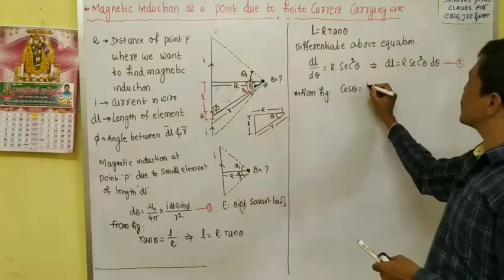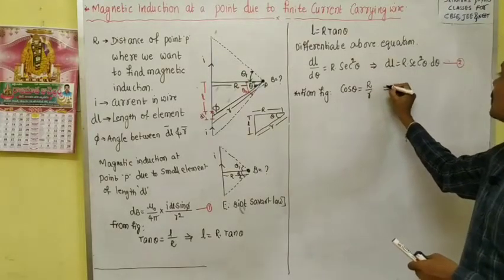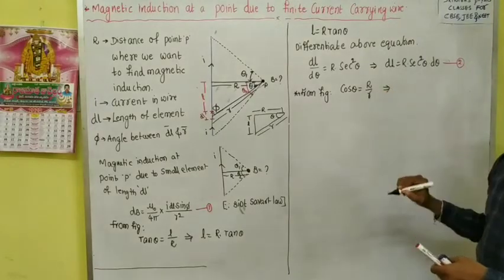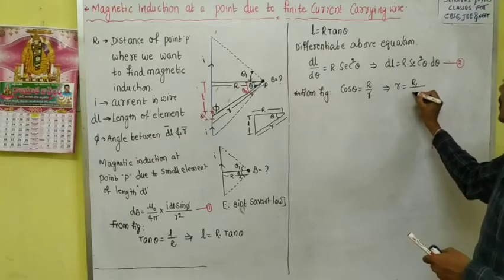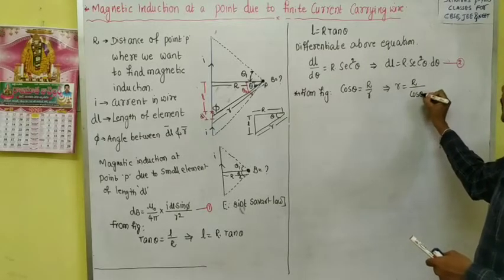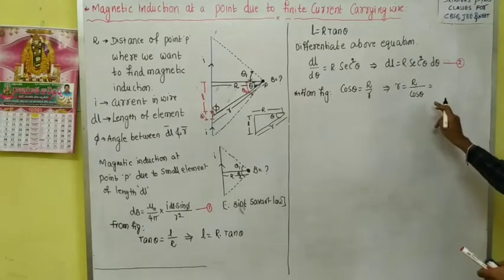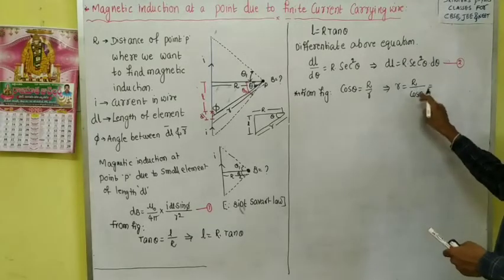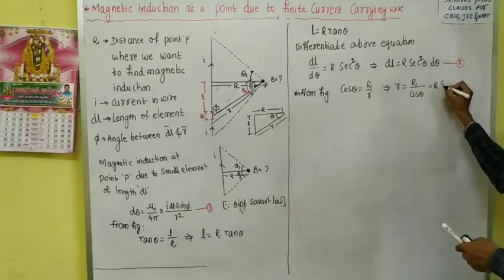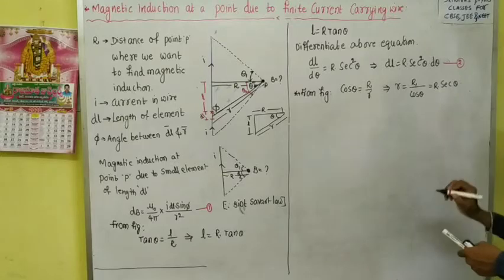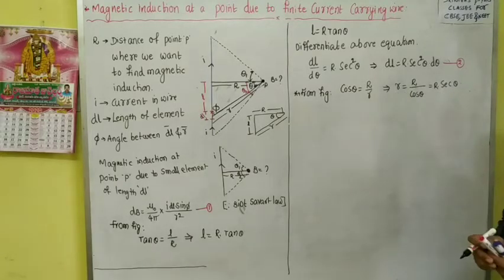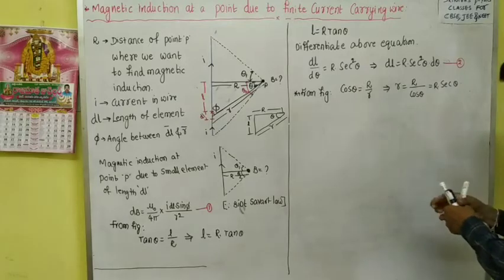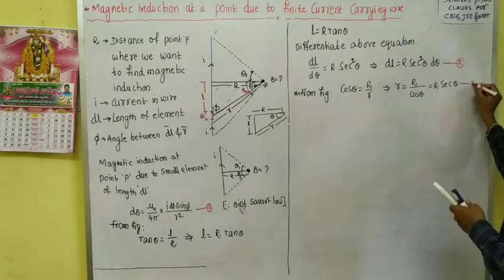From this, small r is equal to capital R by cos theta, and 1 by cos is sec, so small r is equal to capital R sec theta. This is equation 3.